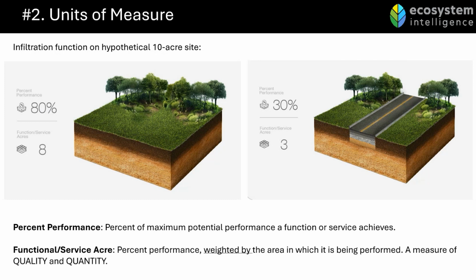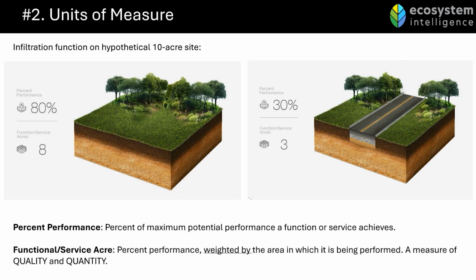But the biggest thing, and the reason we use it as our primary output, is it enables us to look at every single function, every single service in the same unit of measure. So now you have a like-for-like analysis where when you change attributes on the landscape, you can actually see the ripple effect through the system and do a comparative analysis in a way that's meaningful.